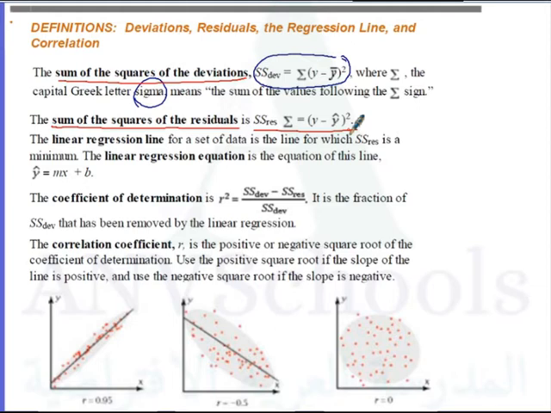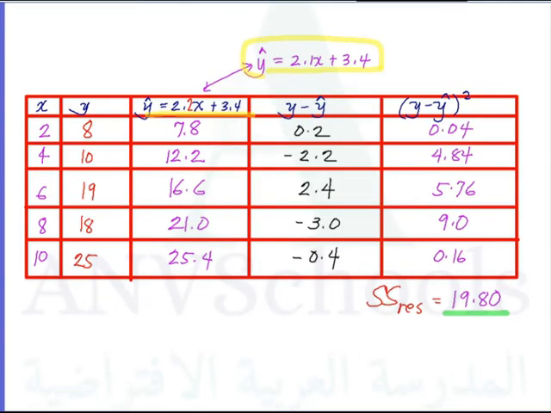The linear regression line for a set of data is the line for which SS res is a minimum. Remember this, it's a minimum. So when you compute your SS res, as we have shown in the previous lecture, you should be able to compute a minimum. In this case, you have 19.80.